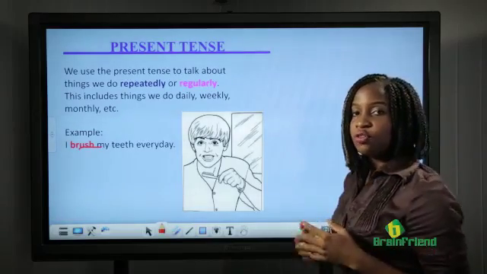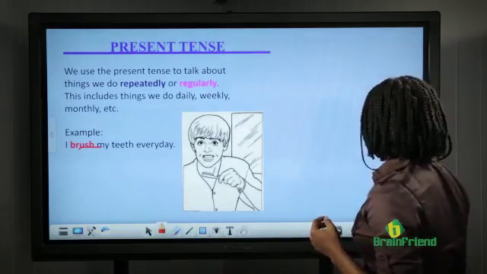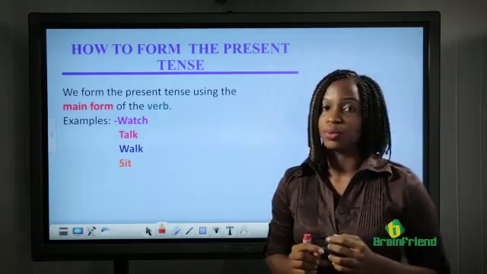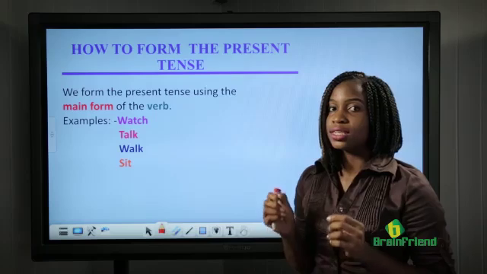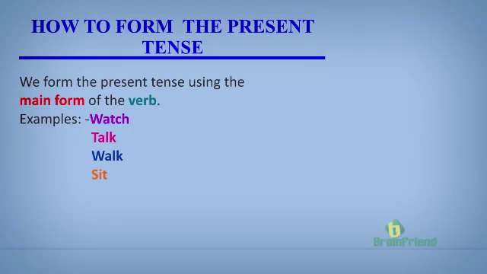Now, how do we form the present tense? The present tense is very, very simple to form. In fact, it is the simplest tense form. We form the present tense using the verb in its original form. Verbs describe actions.